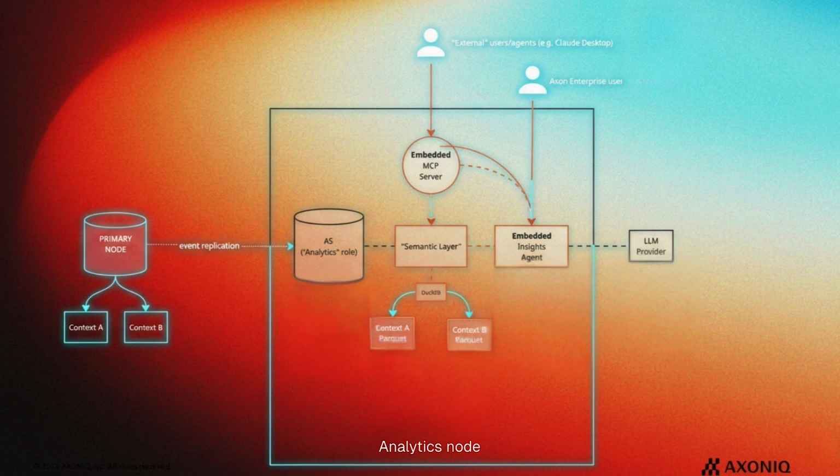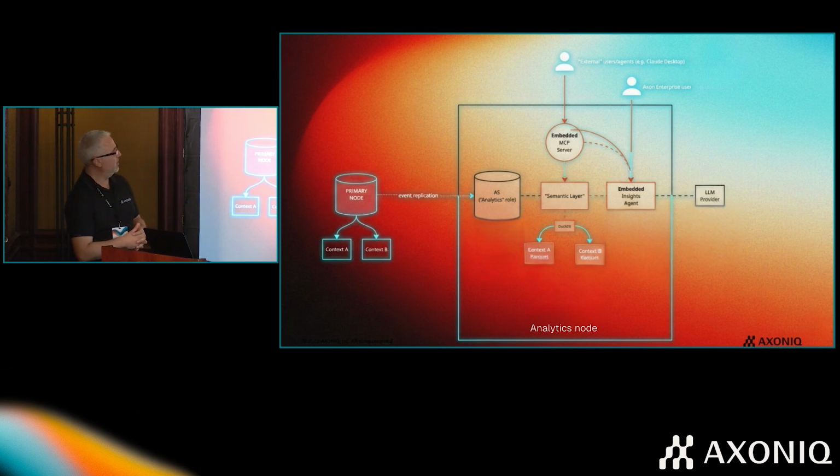So what we have done is to introduce a new type of node that we call the analytics node. And it will follow the same type of event replication scheme that is happening within this primary cluster. But we'll replicate events to this analytics node and then inject those events into the format that we have talked about. So the contexts you'll have in your cluster will be mirrored in your analytics node.